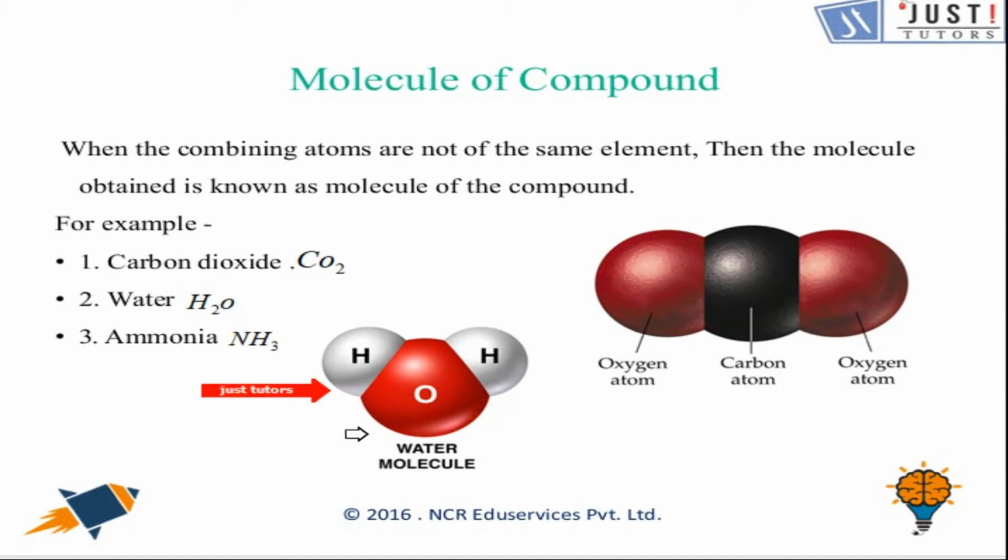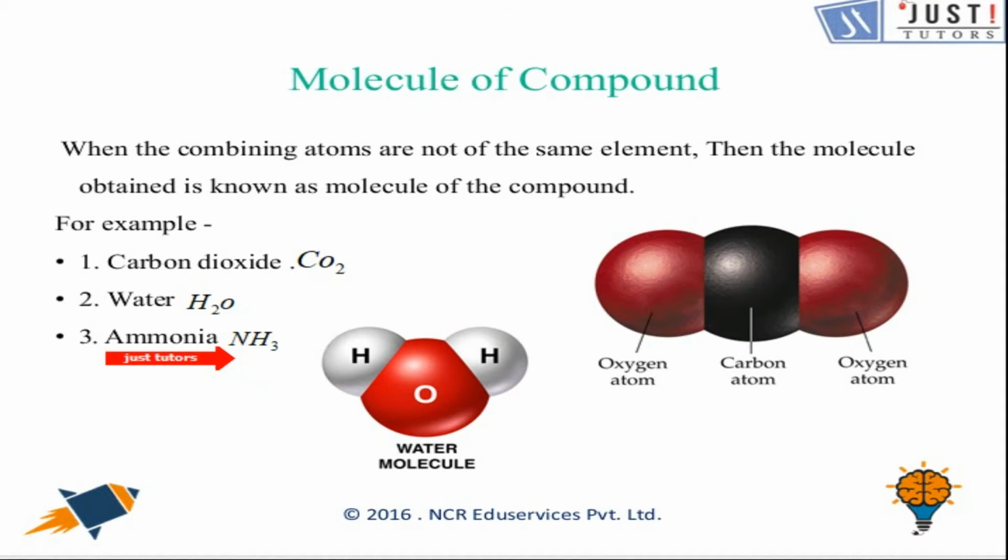Here we have two atoms of hydrogen and one of oxygen, that makes one molecule of water. H2O becomes water. Similarly, ammonia is represented by NH3.